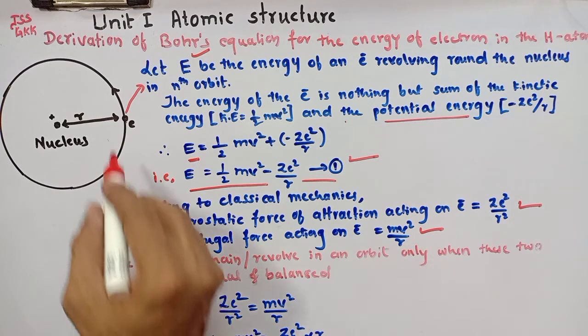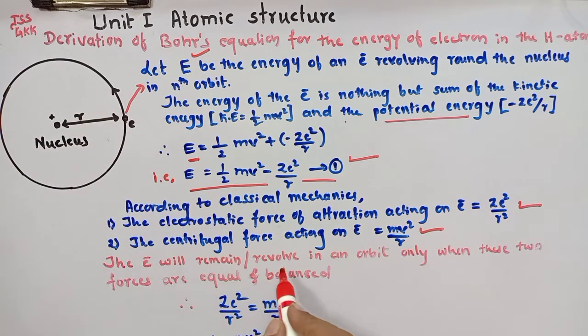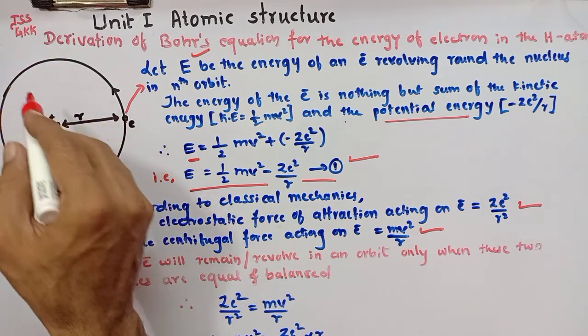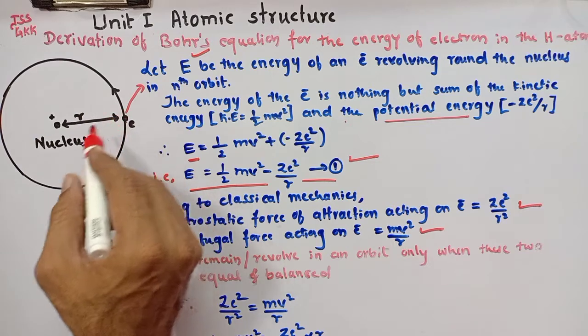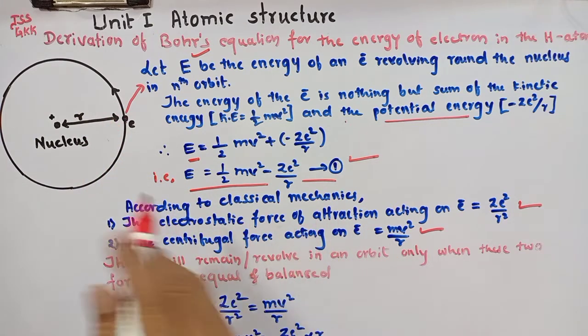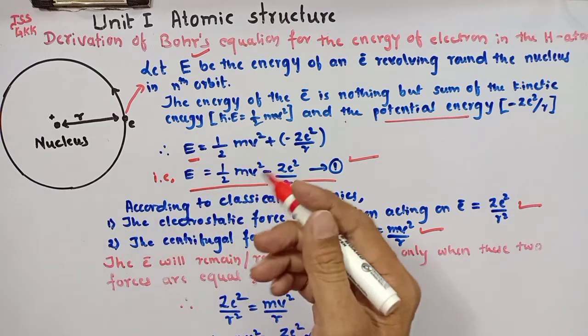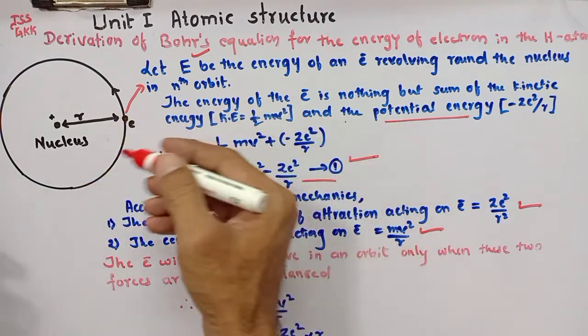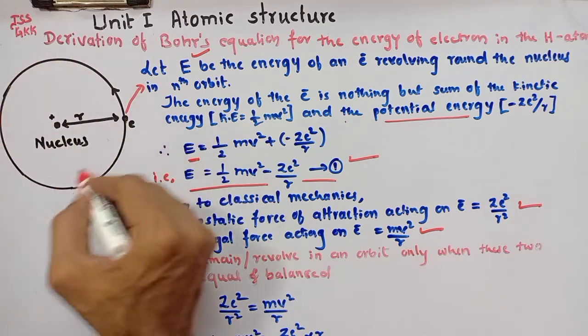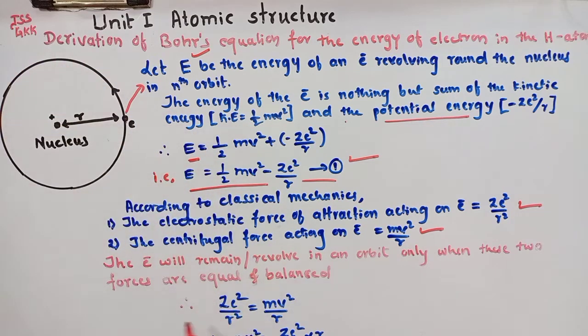The electron will revolve around the nucleus in an orbit only when these two forces, the electrostatic force of attraction and the centrifugal force, are equal and balanced. That means, under the influence of these two equal and opposite forces only, the electron will revolve around the nucleus continuously. Therefore, we can equate these two relations.